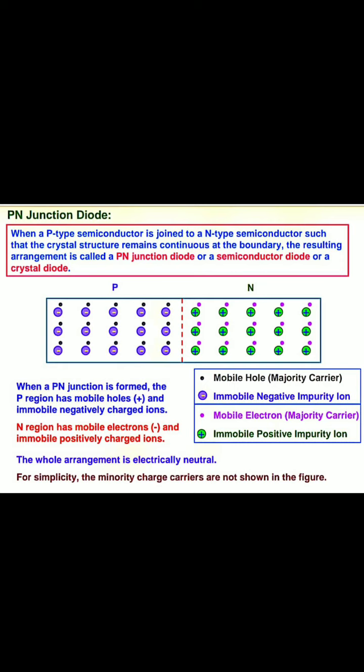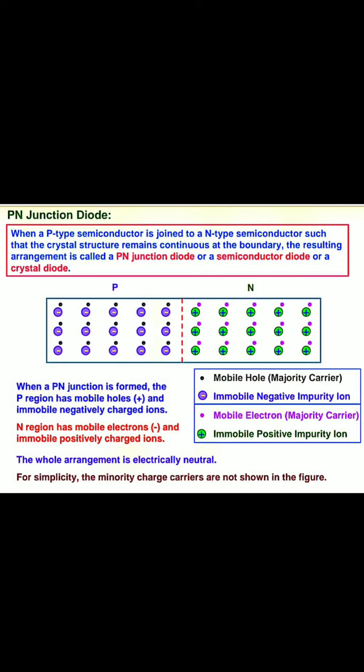These charges are not moved from one side to another side, and this will also resist the further diffusion of holes from p to n and the diffusion of electrons from n to p. Whenever the depletion layer is formed, these diffusion processes stop.